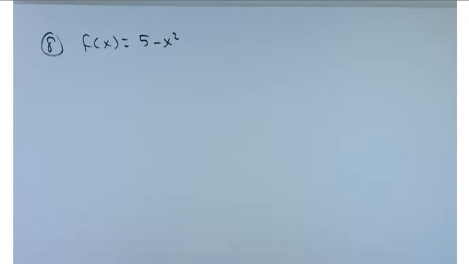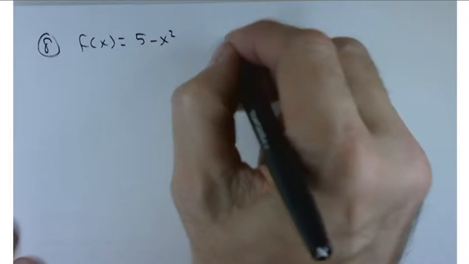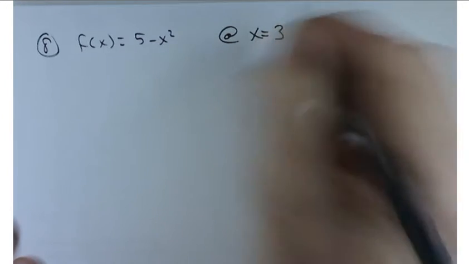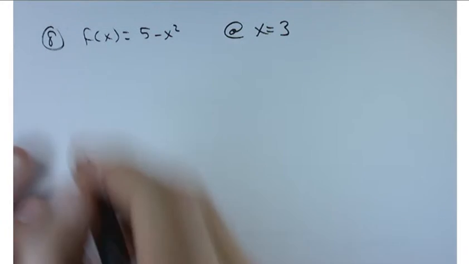And let me give it to you the way that I would give it to you on an exam. And that is, I'm going to ask you to find the equation of the tangent line, or at least the slope of the tangent line, at x equals 3. Now that leaves it up to you to figure out the y coordinate there. But again, I'm hoping that's not going to be a big deal.